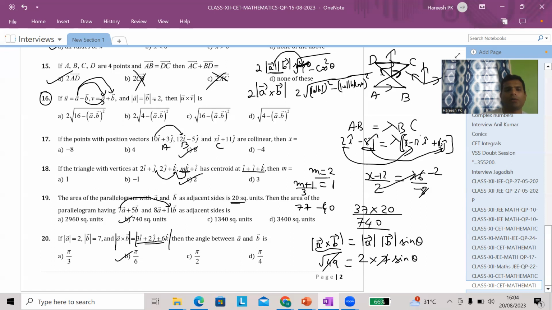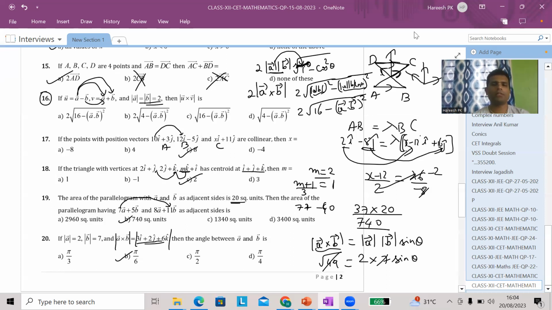Now mod A and mod B are given as 2. So I'll end up getting 2 times root of 2 into 2, which is 4, 4 square, which is 16, minus, now AB cos theta is nothing but A dot B. So it is 16 minus A dot B whole square. So that way we solve the first 20 questions.